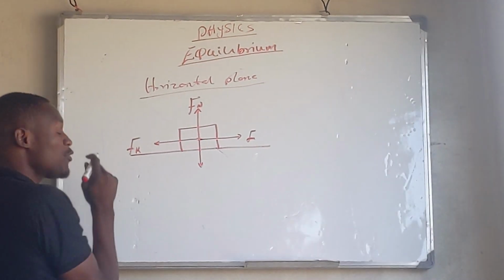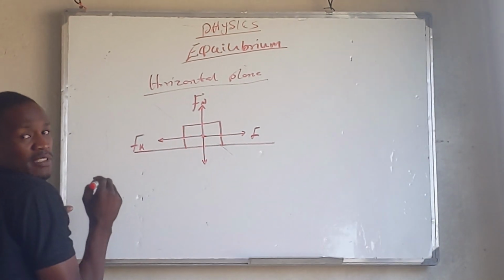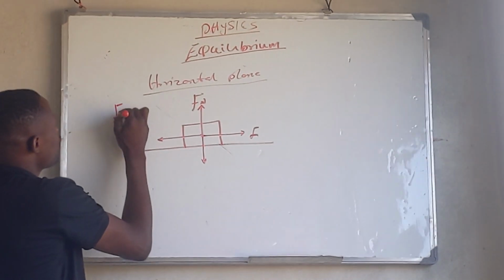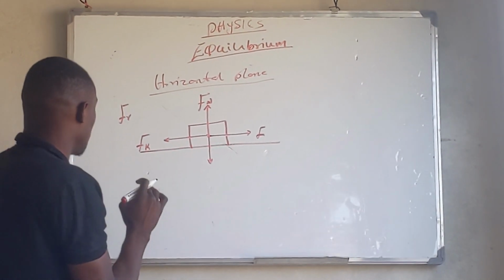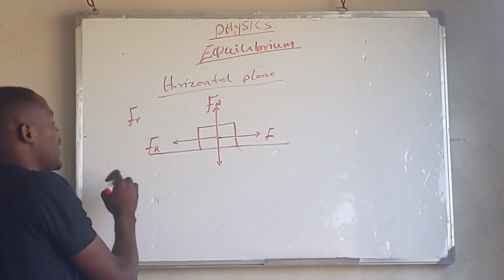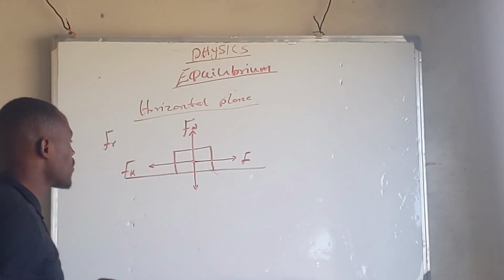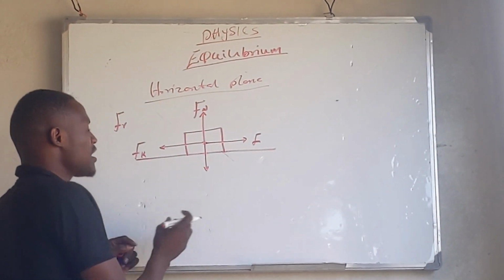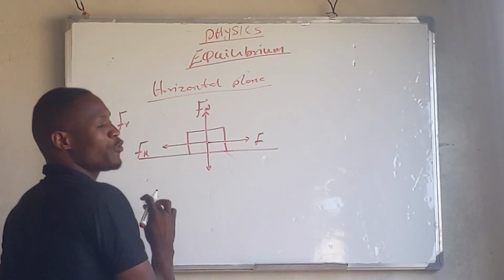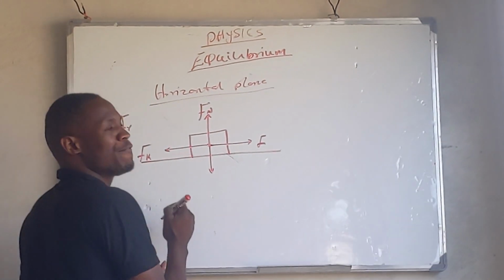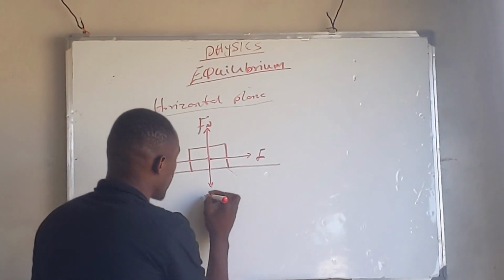Friction. Now, this force of friction can sometimes be represented as Fr. So don't get confused when you find some books using Fr, some using Fk. Then we also have this force which is trying to pull this object downwards. This force is called the force due to gravity, which is called weight.